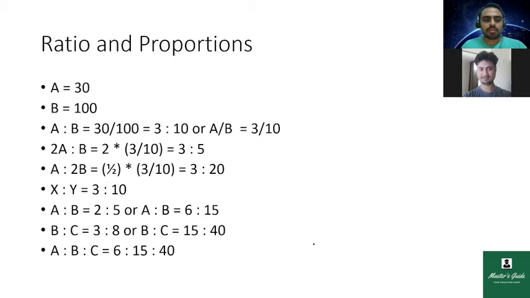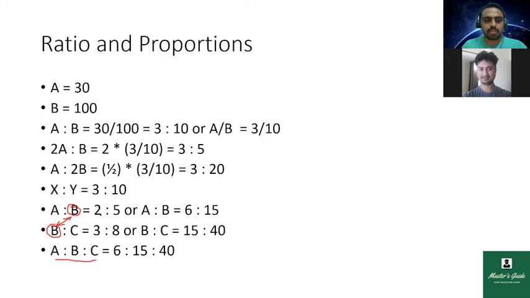And this concept which I'm going to tell right now, you would most probably use to solve some kind of problems. That is, if you are given two ratios, one is A is to B, which is 2 is to 5, and B is to C, which is 3 is to 8, and you are asked to find A is to B is to C, just take the common number in it, that is B, and get it to the same number.